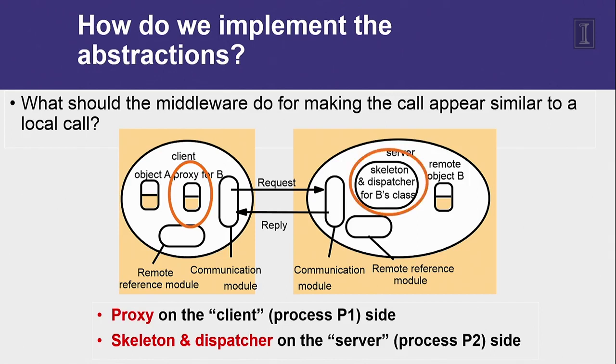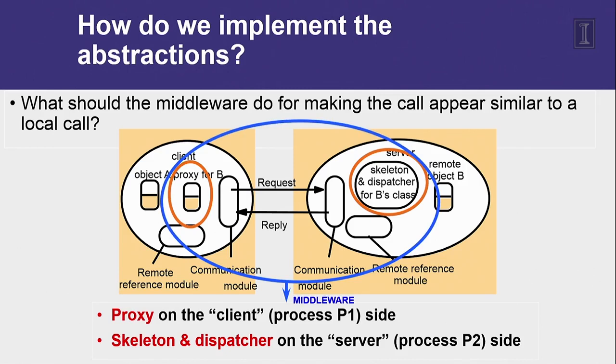At the server, there's a skeleton and dispatcher that receives the request. What it will do is unbundle parameters, and then it will find the method that needs to be executed. It'll have to look at perhaps the object to determine which method it is, and then it's going to make that request, execute the remote object, get the return parameters.